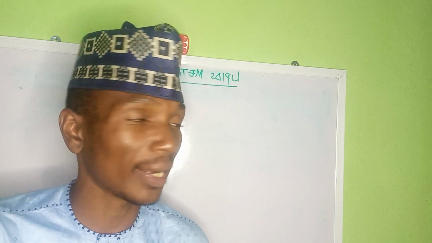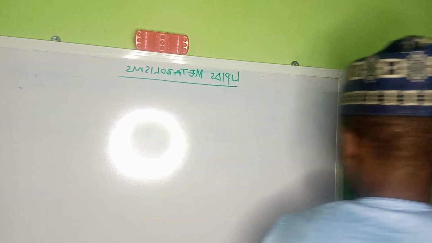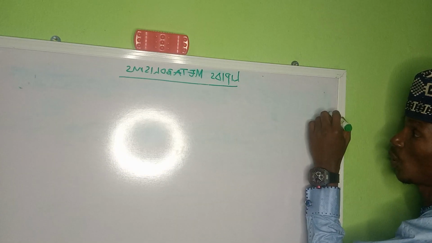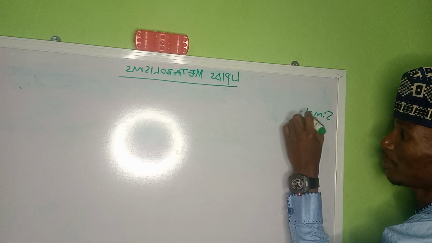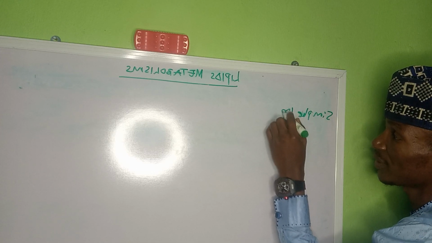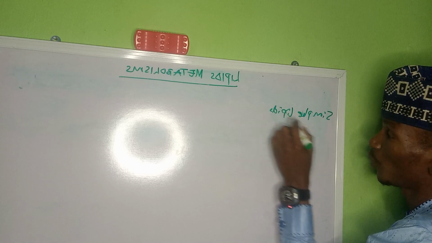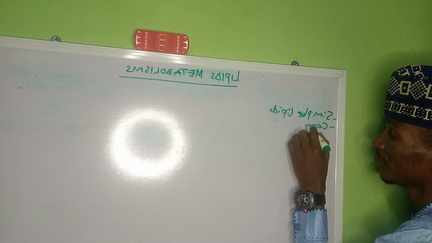Lipid is classified into different groups, such as what we call simple lipid. That is number one, the first group of lipid, simple lipid. We have complex lipid.